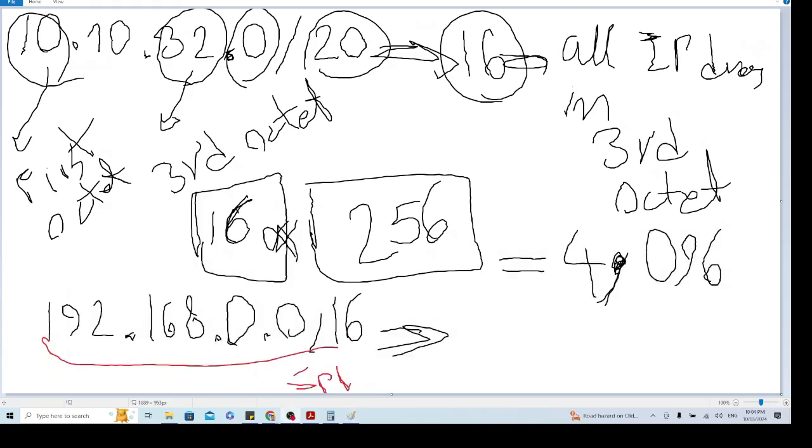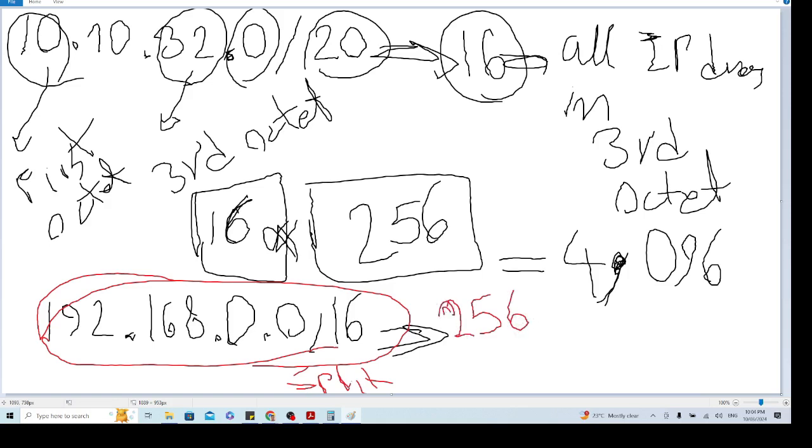Okay, now let's apply CIDR and split this IP address. I want to have four equal IP address blocks from that. What I have to do is divide 256 by this magical number 4.